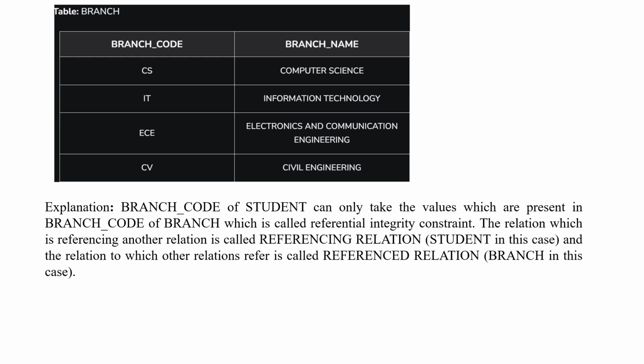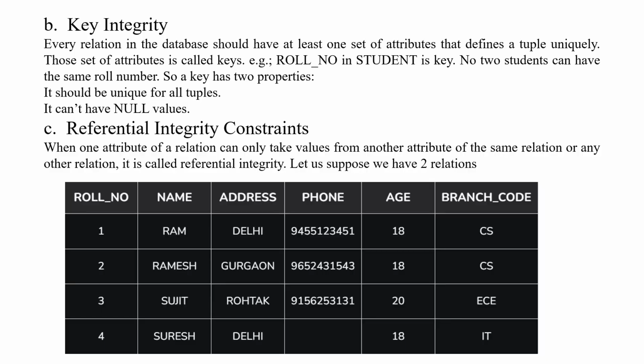Here branch code is a primary key in the table called branch. This is the student table where branch code is referred as foreign key. Now this foreign key should be a primary key in another table. It is the characteristic of a foreign key, and this is known as referential integrity constraints.